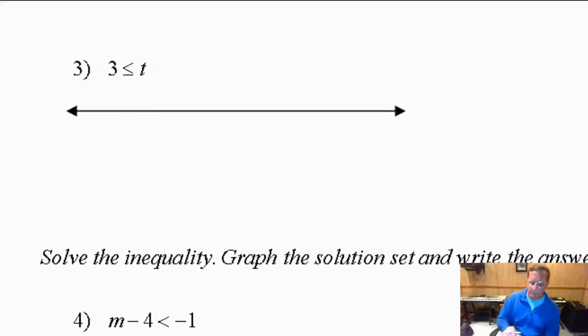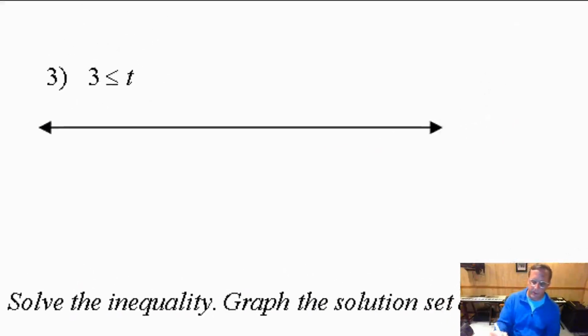For number 3, what I usually tell everybody, and this is not a huge deal, is to get the variable t on the other side. I always think it's a good idea to get it listed first. So instead of writing 3 is less than or equal to t, I'm going to write t is greater than or equal to 3.